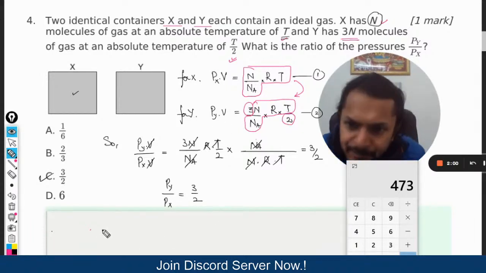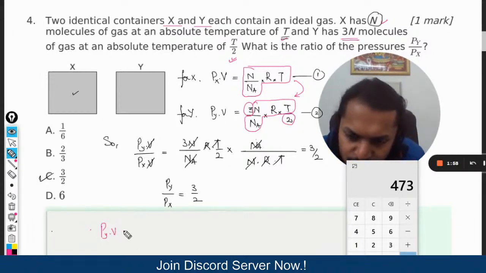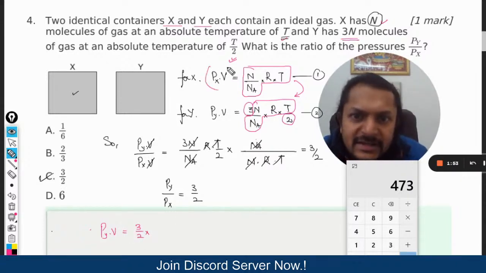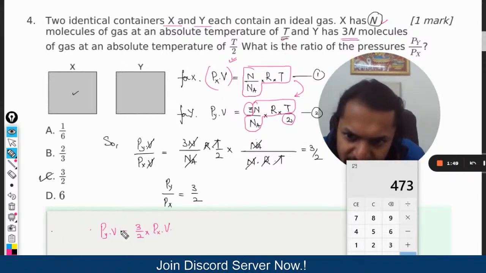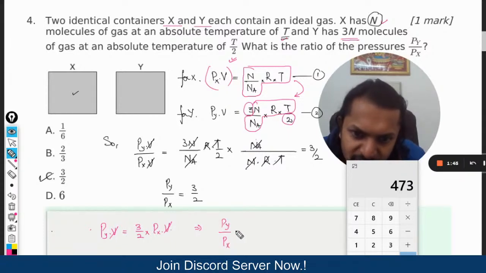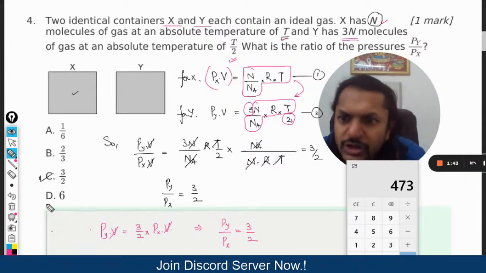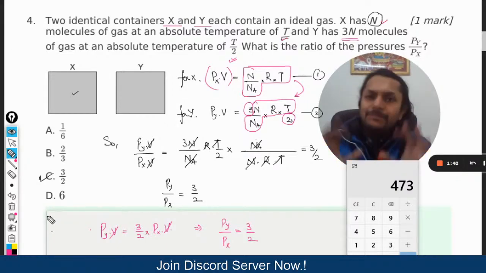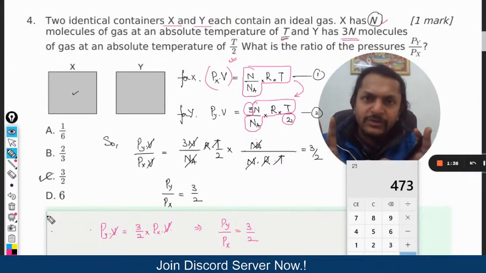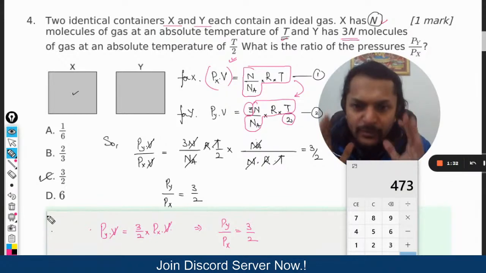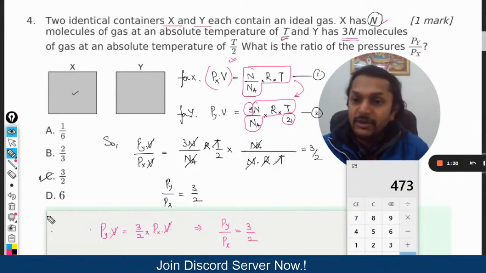So Py into V will be 3 by 2 multiplied by, when you replace this complete term, Px into V. V and V get cancelled out and you get the same answer, that is Py by Px is equal to 3 by 2. So mathematics depends upon you, what methods from algebra you want to use, but otherwise you are going to get the same answer here. Py by Px equal to 3 by 2.